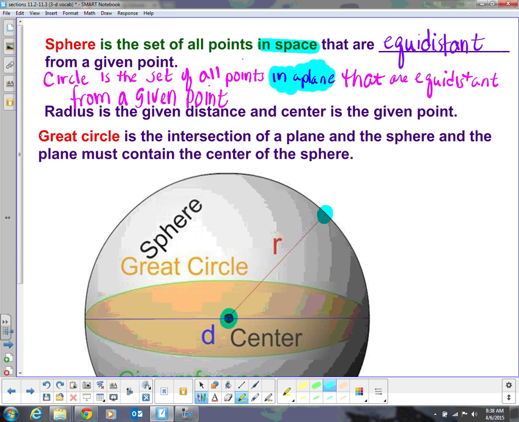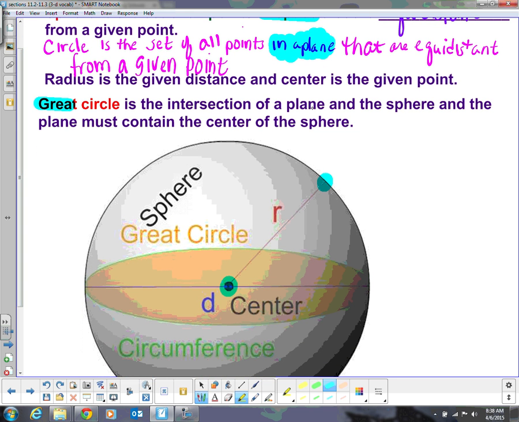Now, a great circle, operative word here, great, is the intersection of a plane and a sphere, and the plane must contain the center. In other words, this is the largest cross-section of a sphere you can get.